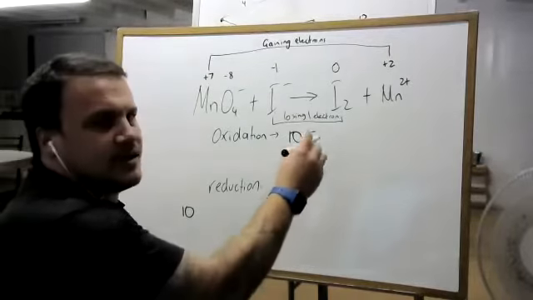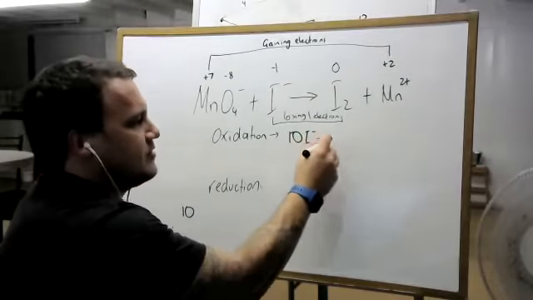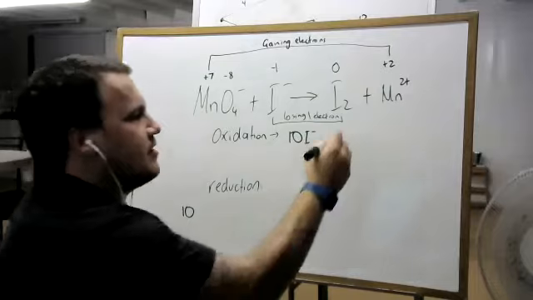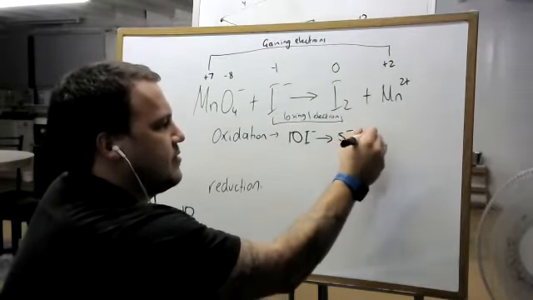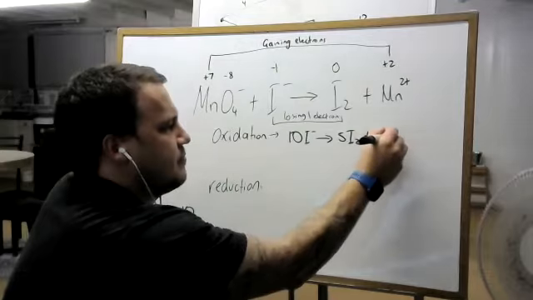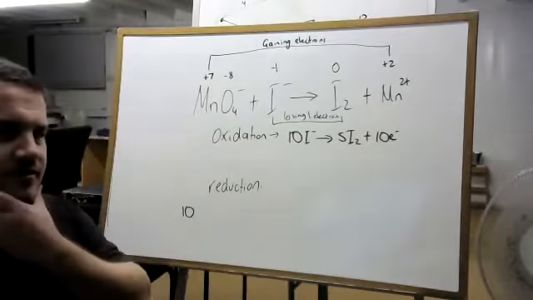So now we add in our electrons, 10I minus to 5I2, plus 10 electrons.